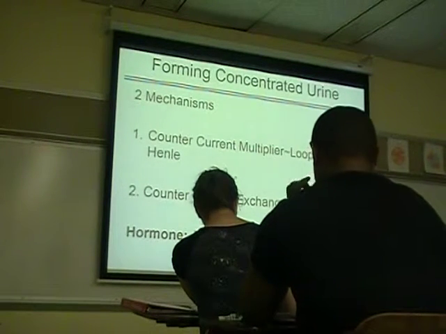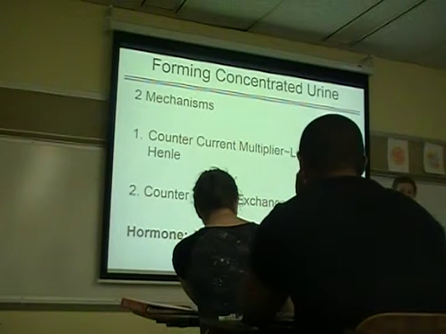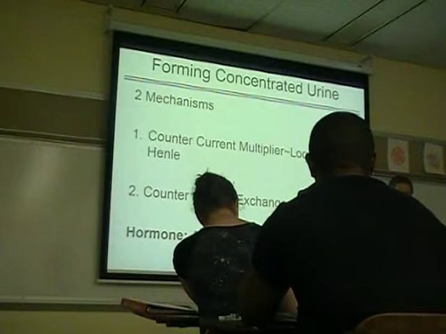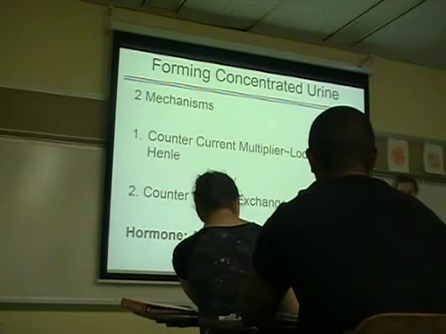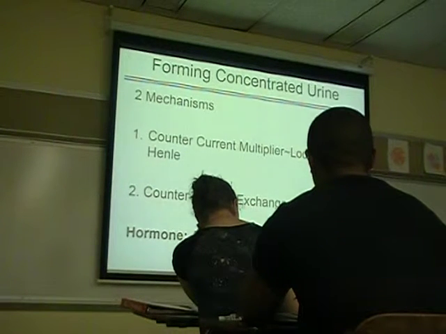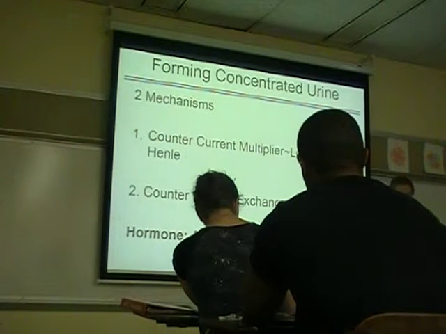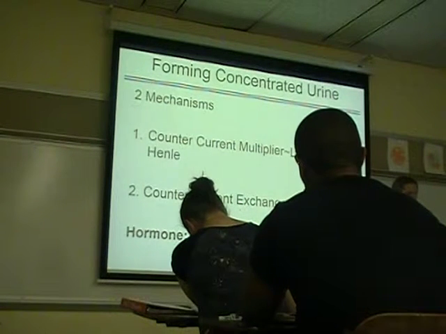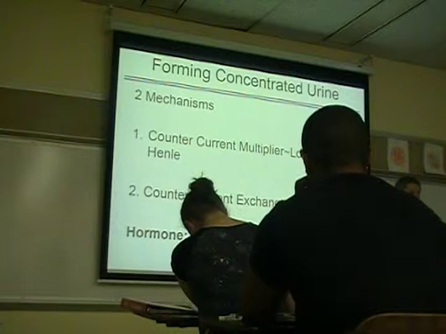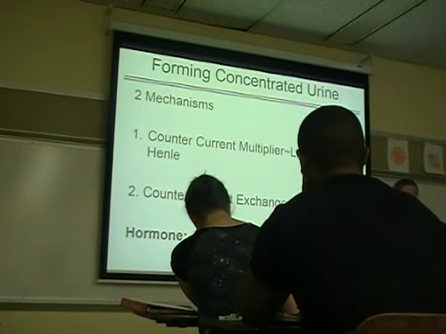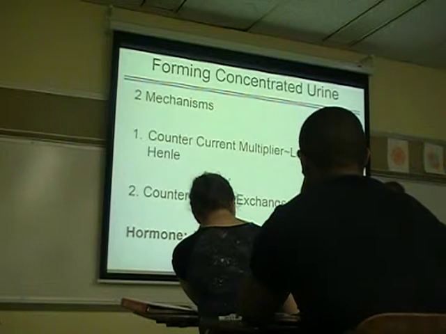Based on their arrangement, okay, what is their arrangement as you look at them as they're following the long loops of Henle? They're going down and going up, right? They're not going in a transverse fashion. So based on their arrangement, okay, they are able to maintain this gradient and not wash it out. Okay? And that's a long way to go for the location and presentation of these of this vasa recta. But they maintain the gradient because of their orientation.